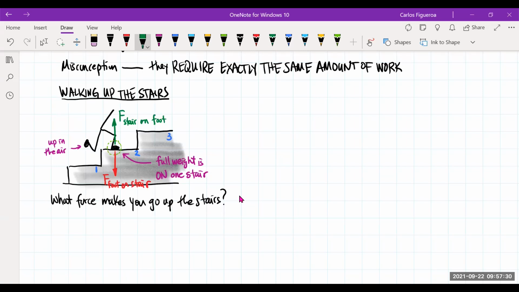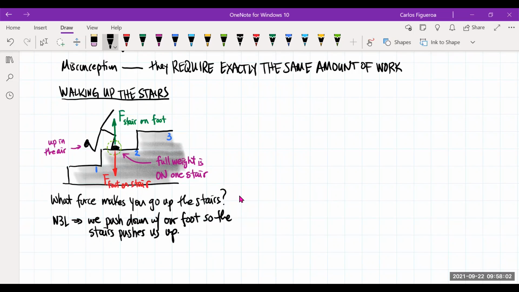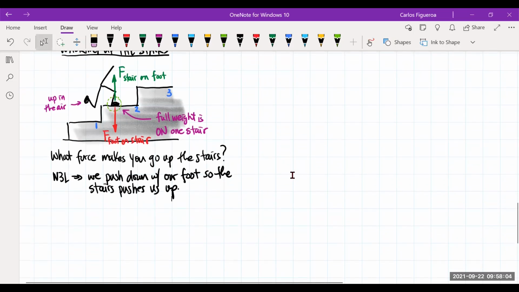So what makes you go up the stairs? It's the stair, right? You got to push down so that the stair can push you up. From Newton's third law, we push down with our foot, so the stairs push us up.